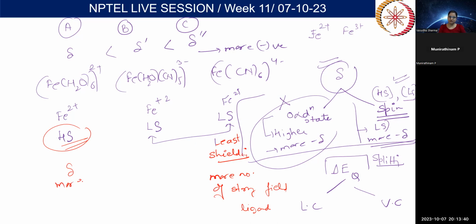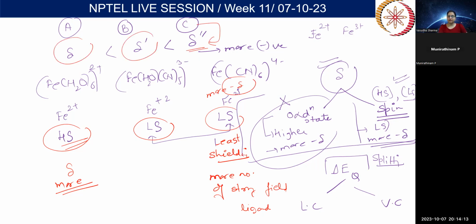What about if I have low spin, but with more strong field ligands? Which one is going to have more negative delta value? C complex. Right. So because of more strong field ligands, it would be more negative. That is why C complex has more negative delta value compared to B and compared to A.